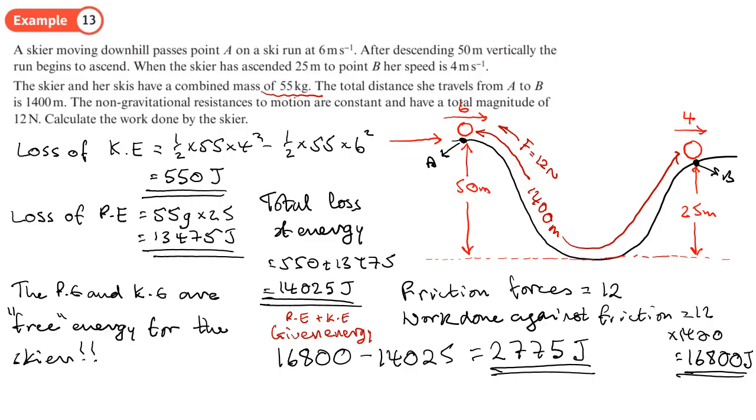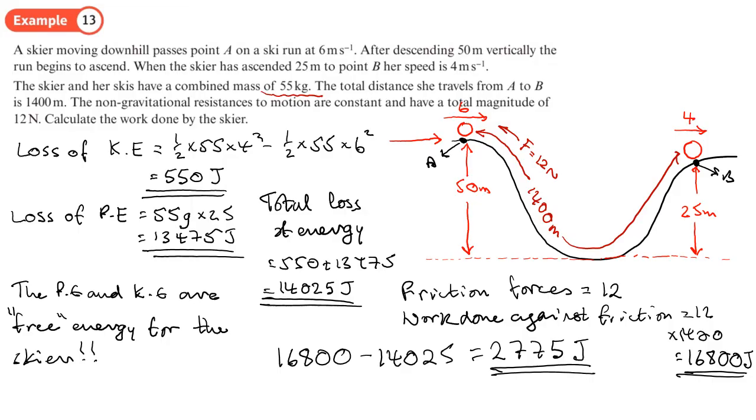But you do need to do work against friction. Okay, so we're subtracting, oh, sorry, that should be the other way around, shouldn't it? So the 16,800. So just ignore what I just said for the last minute.